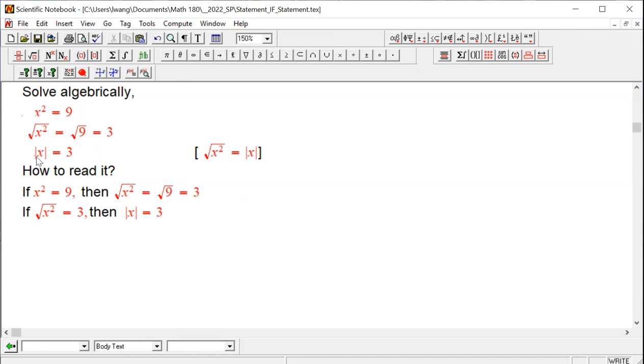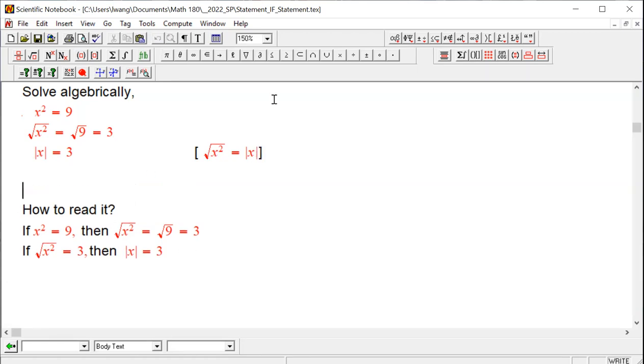For example, I will give you a mistake. Suppose that in this step you write x, you have made a mistake right there, because you're telling the reader the square root of x squared equals x, and that is wrong. So you can write down your if-then, if-then, but you have made a mistake.